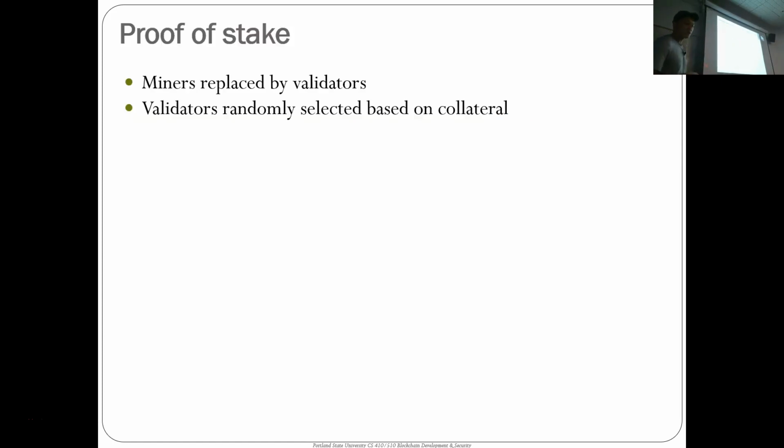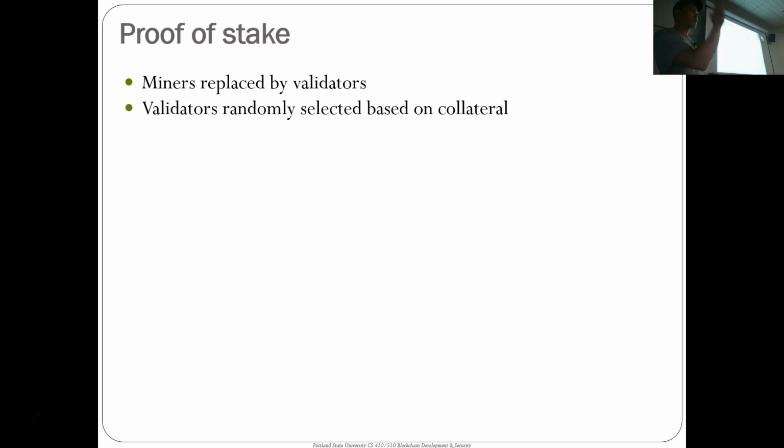Okay, so one of the alternatives to using hash-based proof of work is to use something called proof of stake. So the idea here is that instead of having mining, you have validators, and validators are trusted to randomly select the next block to insert onto the blockchain. And they're trusted because they have put up some collateral.